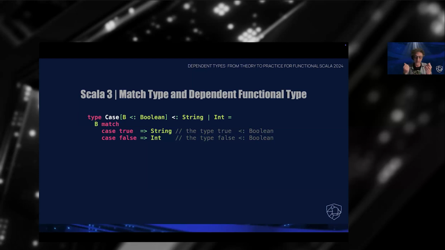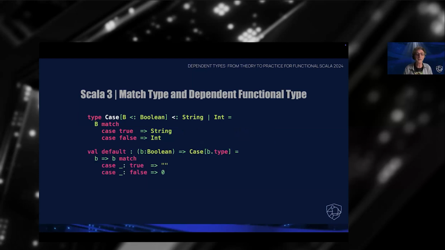But of course, we have the capability to reduce. And we can also define a function, default, which, based on the Boolean, is going to return a Case specialized with the type of the Boolean, which is the parameter. So here we see the dependent function type.